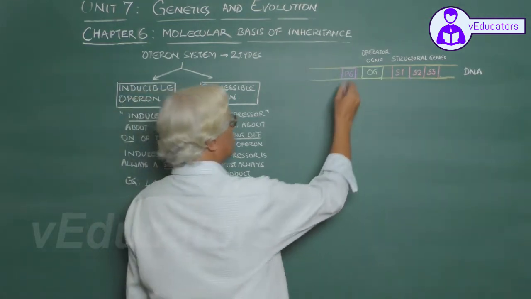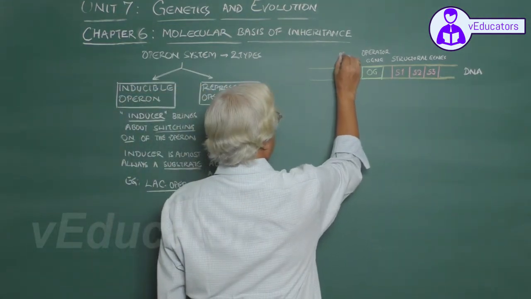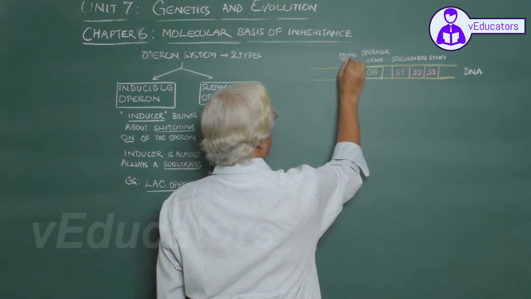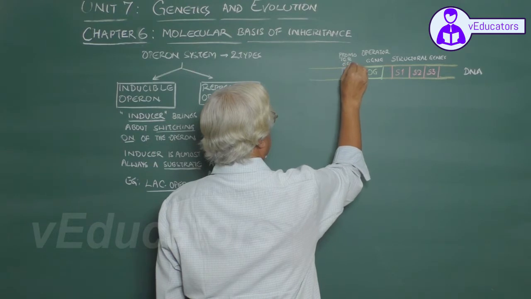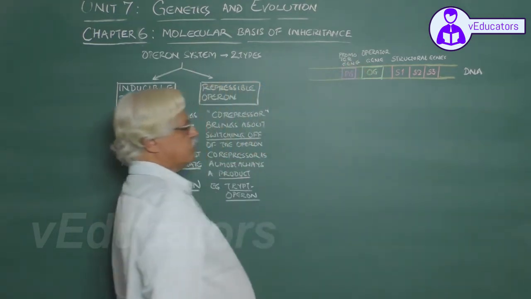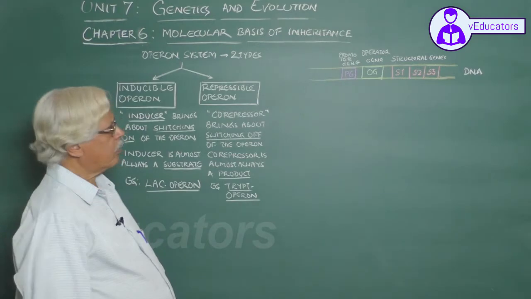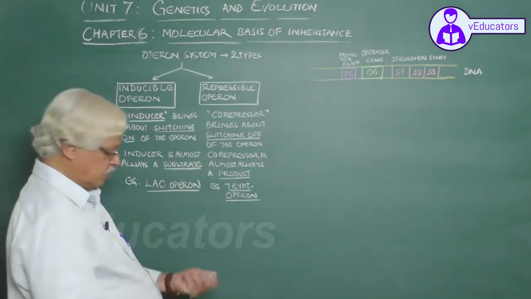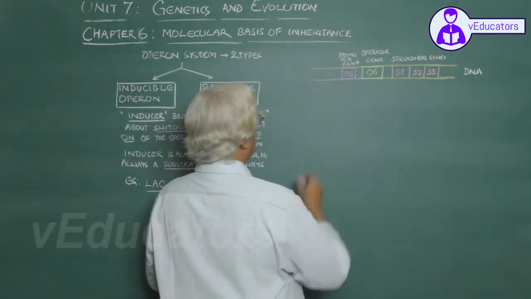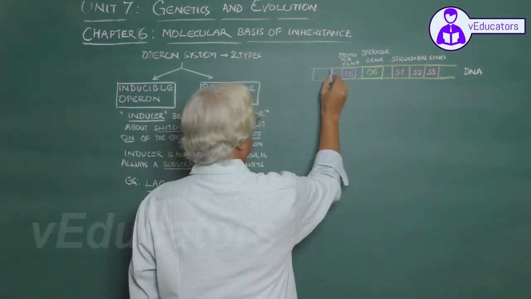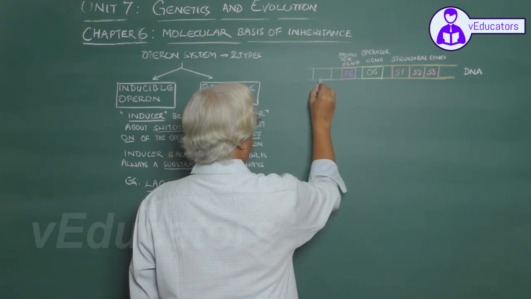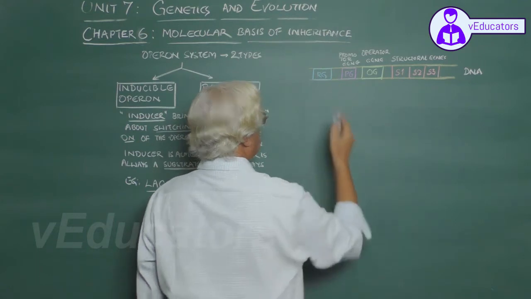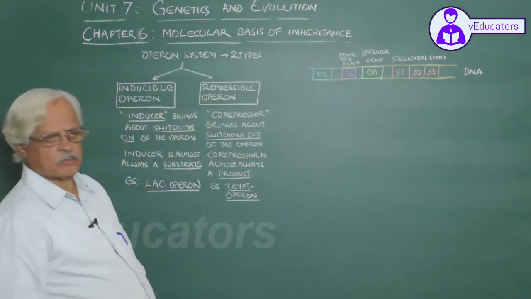So this is the promoter gene. For this promoter gene, operator gene and the structural genes, there is a regulator gene.